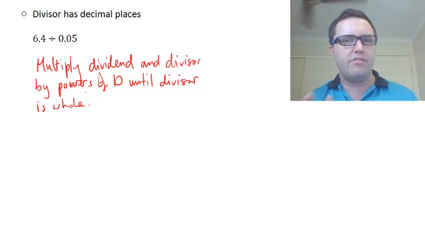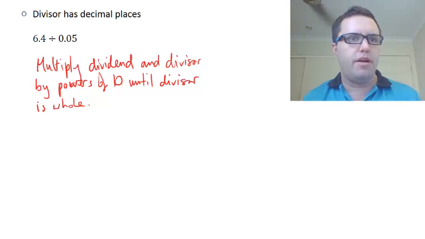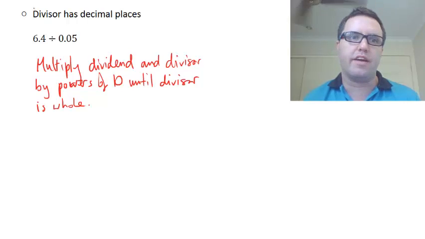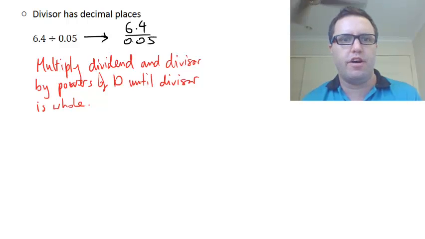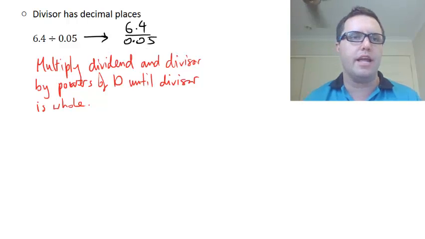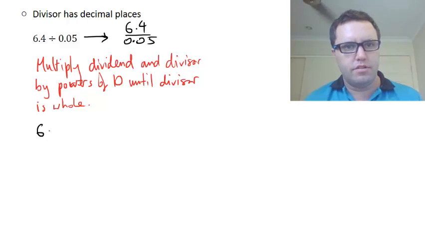Now this works because remember that division is kind of like a fraction, in that I could rewrite this as 6.4 over 0.05.